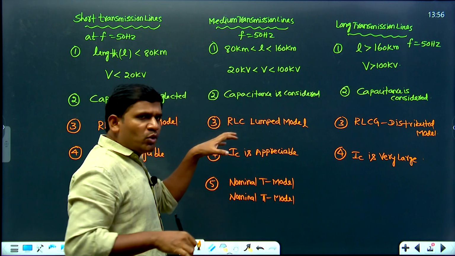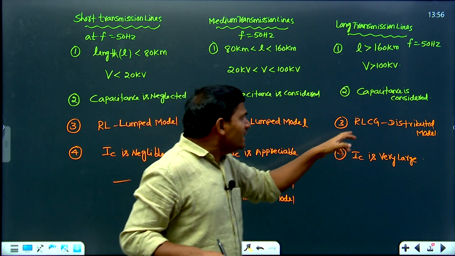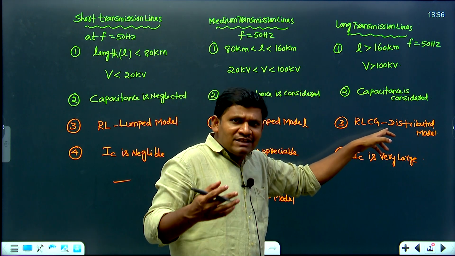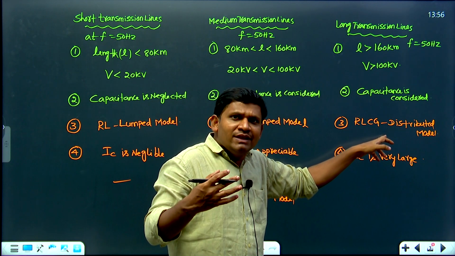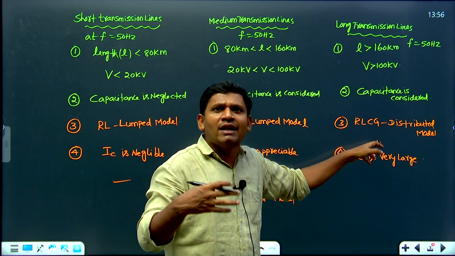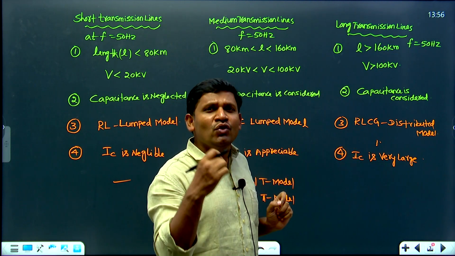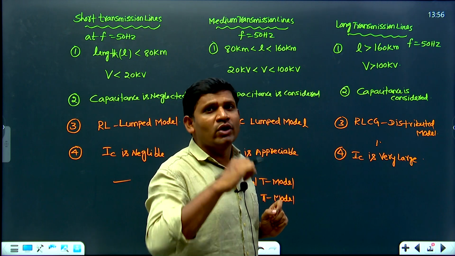It is a lumped model. You have to use the nominal T model and the nominal pi model. But the line is actually a distributed model. For analysis purposes, we assume the distributed model as a lumped model. Those lumped models are analyzed as an equivalent T model and an equivalent pi model, students.